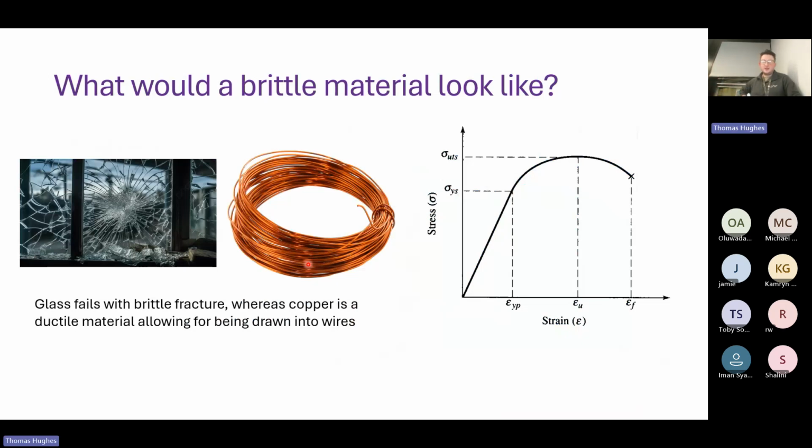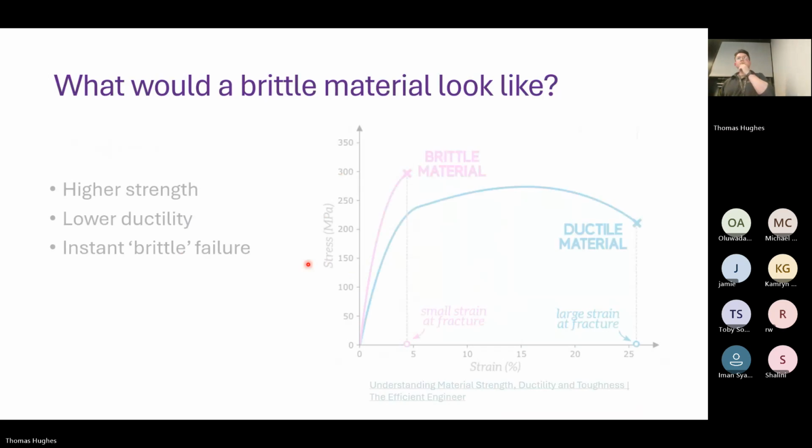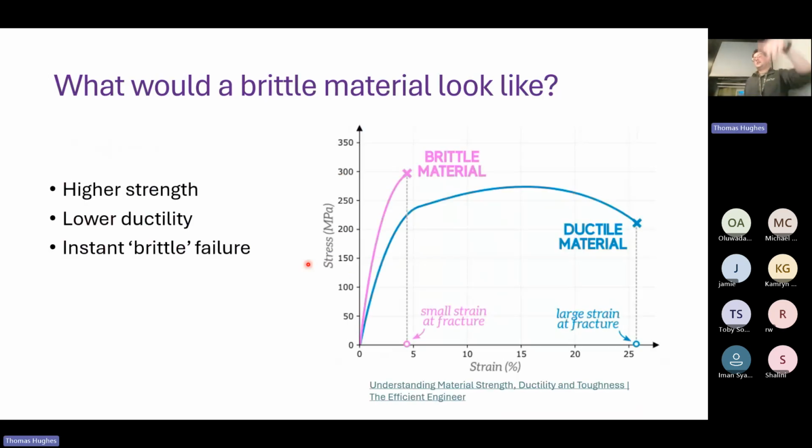It would essentially almost be, and we've got it online as well, almost just the elastic part, if you want to call glass elastic. There will be no ductility in it. Whereas a copper wire is very ductile, so this plastic deformation is a lot longer. So that'll look something like this. Like that. So a brittle material will yield and then just go, whereas a ductile material will do this.